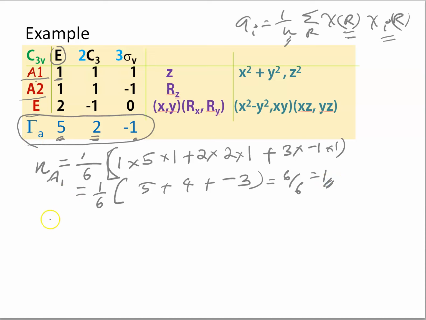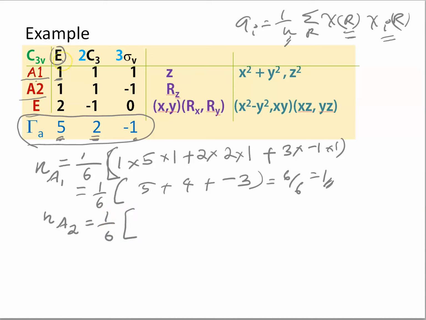Next, we are going to determine the number of times the A2 IR is present in gamma A. So we can write again 1 by 6 into. Again we are considering A2.